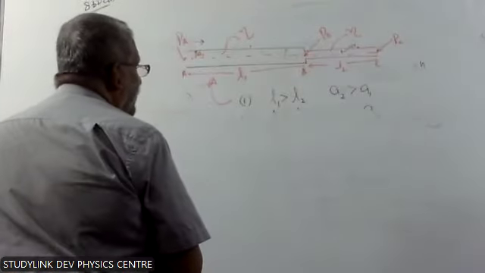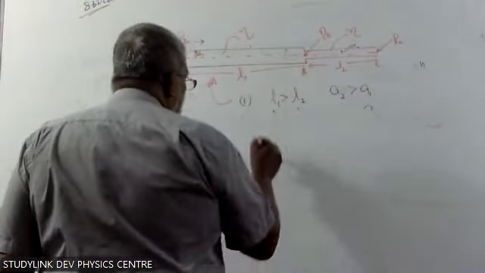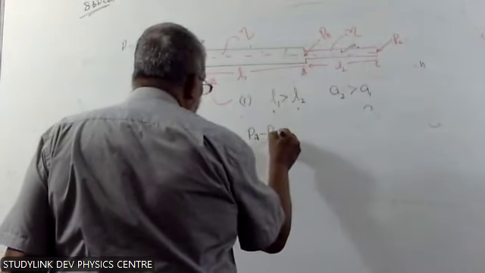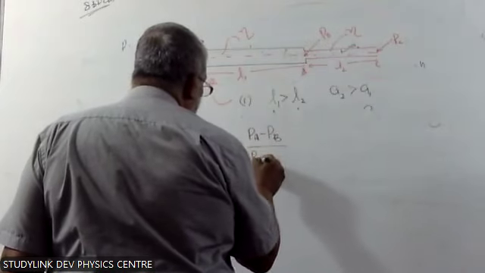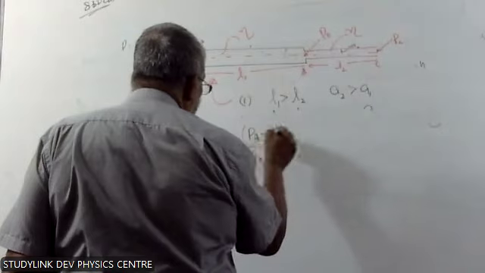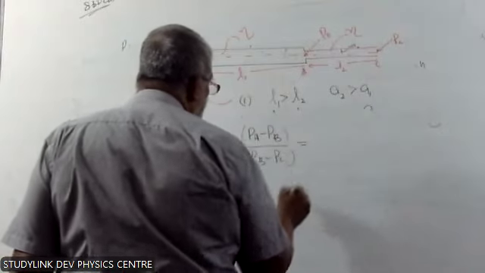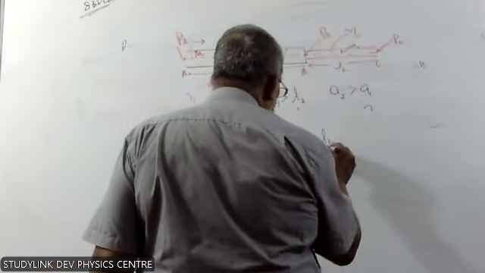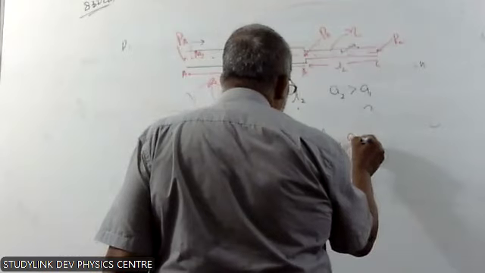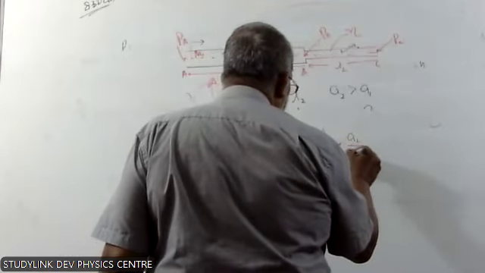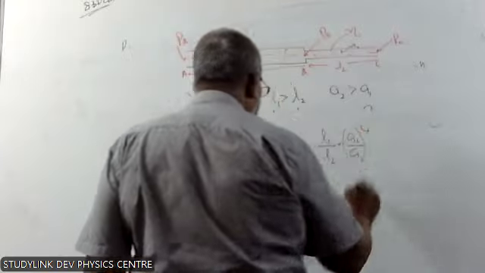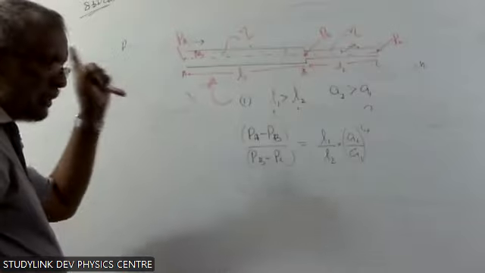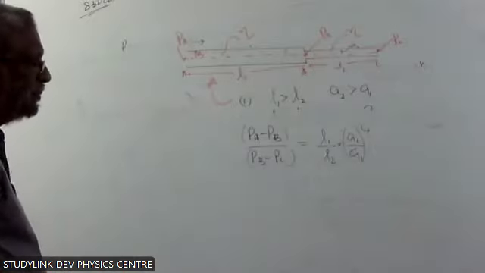So then (P1 minus P2, or PA minus PB) divided by (PB minus PC) is equal to L1 over L2 into (A2 over A1) to the power 4. This is the equation we obtained. Finally, you wrote it and we got this equation. I wrote it there and erased it that time.